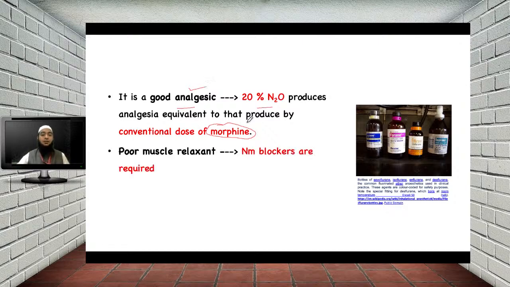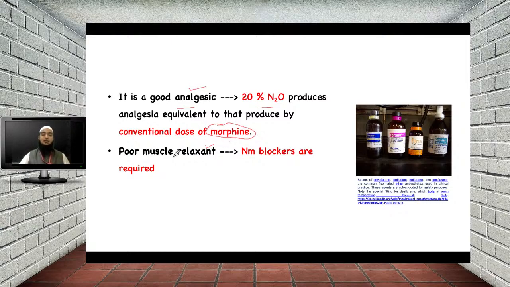In addition to that, the problem is that it is a poor muscle relaxant. And we know that in surgery, one of the ideal properties required in favor of the surgeon is very good muscle relaxation.